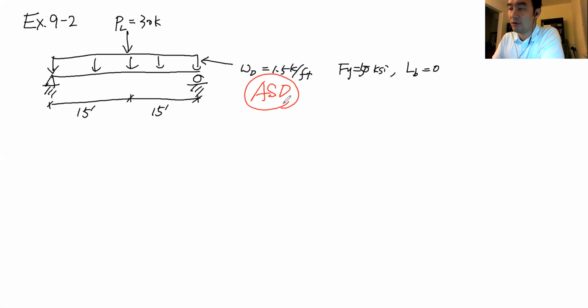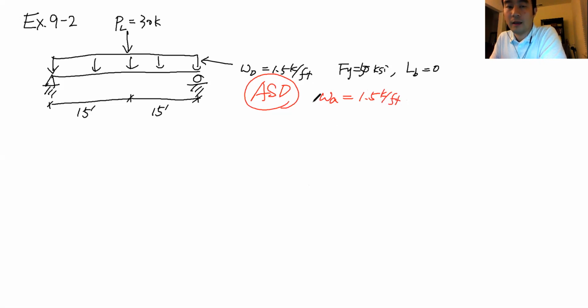So W, in this case, Wa for ASD. And this Wa doesn't include the self-weight because we do not know the self-weight yet. Based on the given information, Wa is going to be 1.5 kip per foot, right?